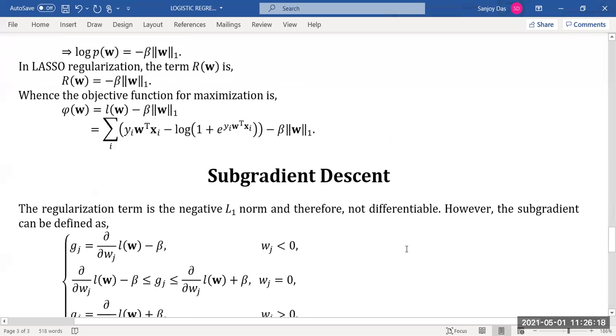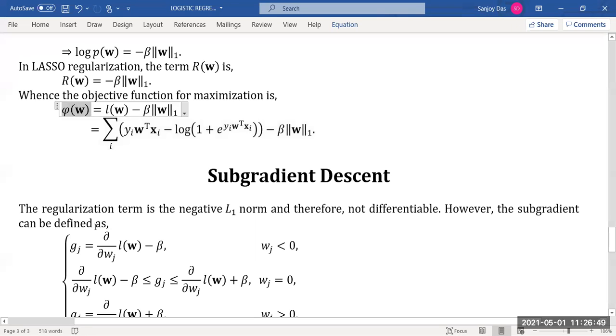So let's consider the gradient of the objective function with respect to W. It'll be a vector, one component for each scalar component of W. Consider the jth scalar component of the subgradient.